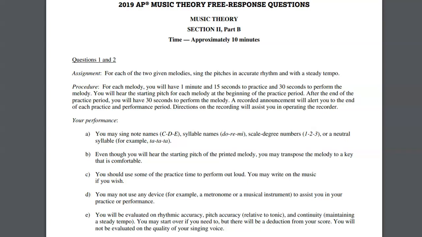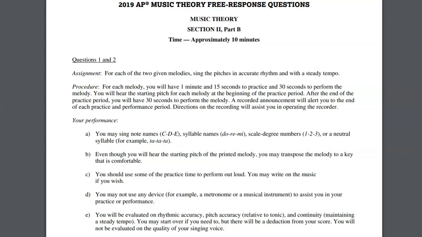For each of the 2 given melodies, sing the pitches in accurate rhythm and with a steady tempo. Procedure. For each melody, you will have 1 minute and 15 seconds to practice and 30 seconds to perform the melody. You will hear the starting pitch for each melody at the beginning of the practice period. After the end of the practice period, you will have 30 seconds to perform the melody. A recorded announcement will alert you to the end of each practice and performance period. Directions on the recording will assist you in operating the recorder.